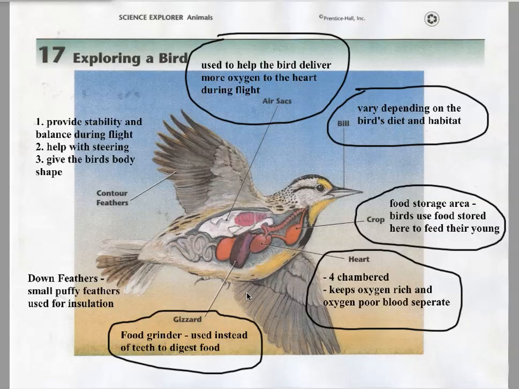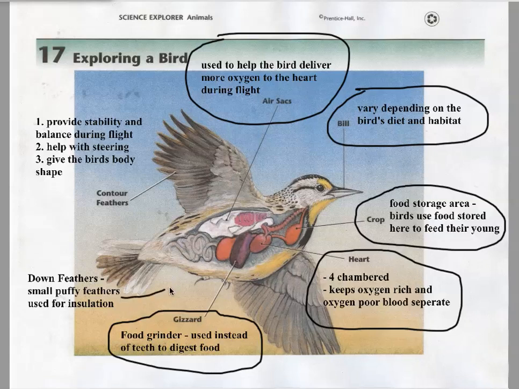So this is the food grinder. Birds actually swallow small pebbles and rocks that help with this very thick-walled muscular organ to grind up the food as it passes through its digestive system. Note that if you follow the path here, the gizzard comes after the crop.